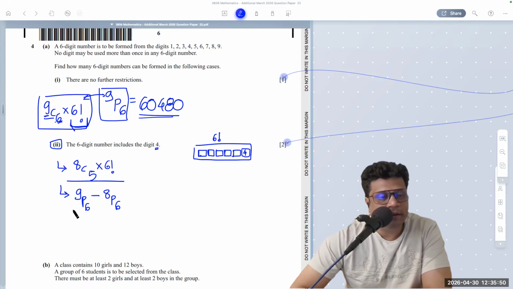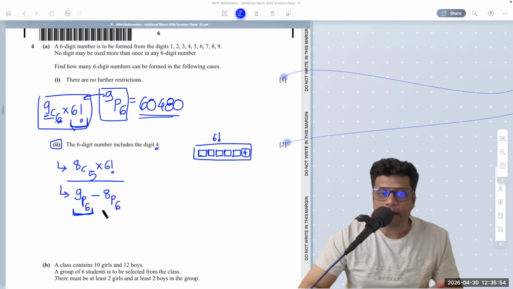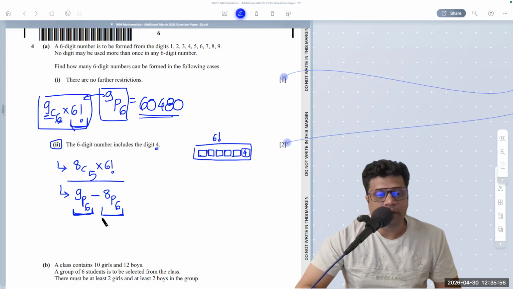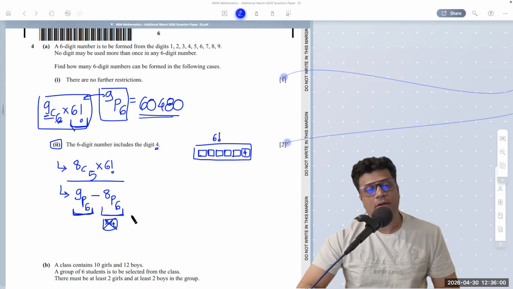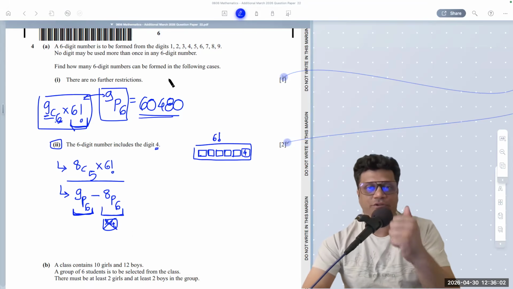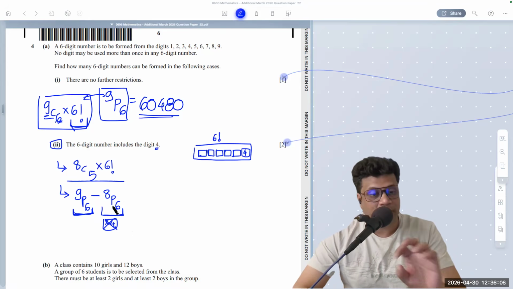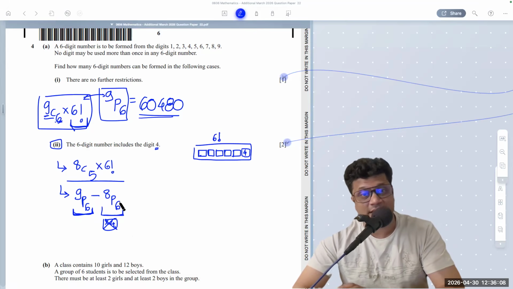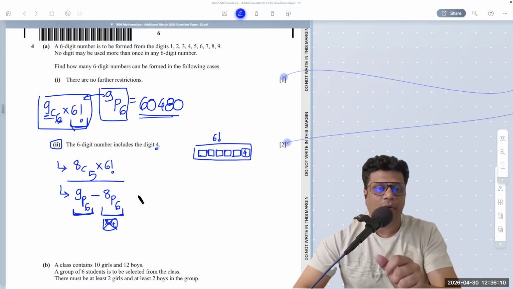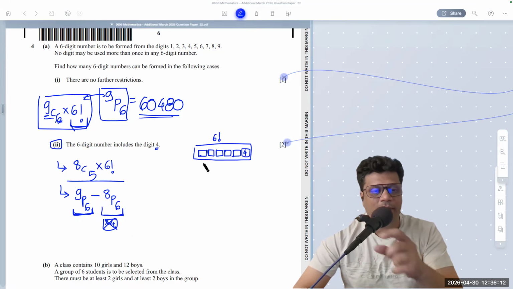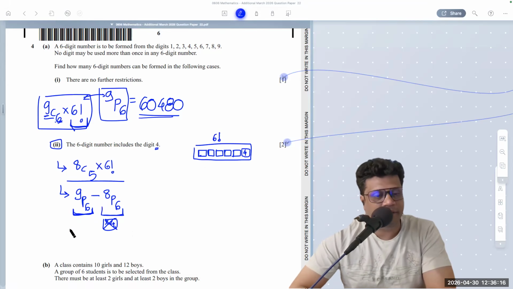These are with no restrictions at all; 4 may or may not be there. These are with no 4 at all. So only 8 numbers to choose from if 4 is not there, 6 numbers to choose to create these permutations, 8P6. Subtract them, and all you're going to remain with is the permutations with 4 there. And that is another way of doing it.